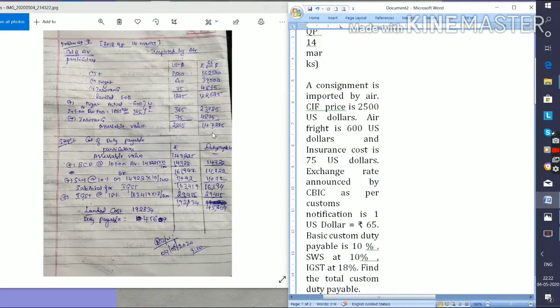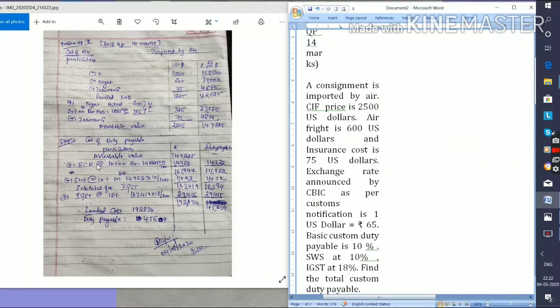and in Indian rupees 1,47,225. Right. Now go with step number 2, the calculation of duty payable. You know the format: particulars, amount, and duty payable. Assessable value, which you calculated in step number 1, is 1,47,225 in the first column, and in the second column nil because it is duty payable.